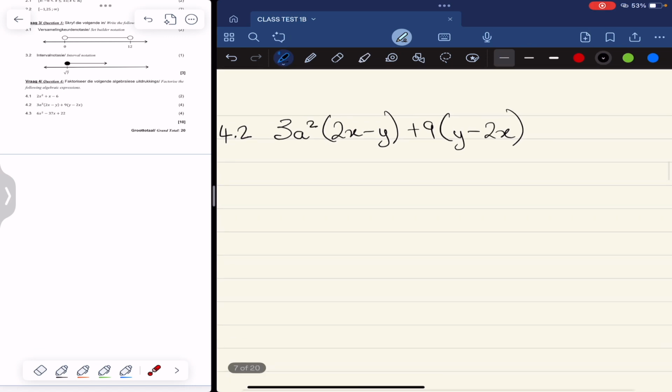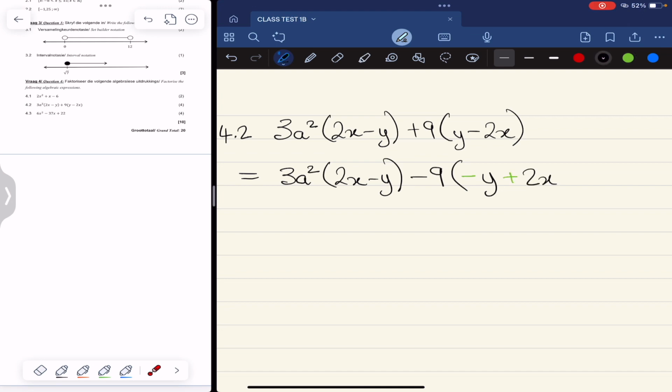We can quite easily see that this is the change of sign rule that needs to be applied here. So I'm going to rewrite the first term as is, and I'm going to change the second term sign, and inside the bracket I will also change, let's just use different colors here just to highlight the sign change, and that will be plus 2x.